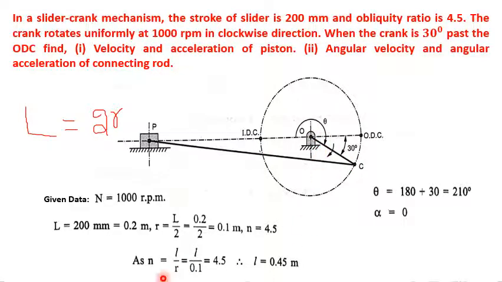So using this obliquity ratio, we can easily determine the l value, that is the length of the connecting rod. R we got 0.1 and n given is 4.5. So using this relation, we got small l equal to 0.45 meter.